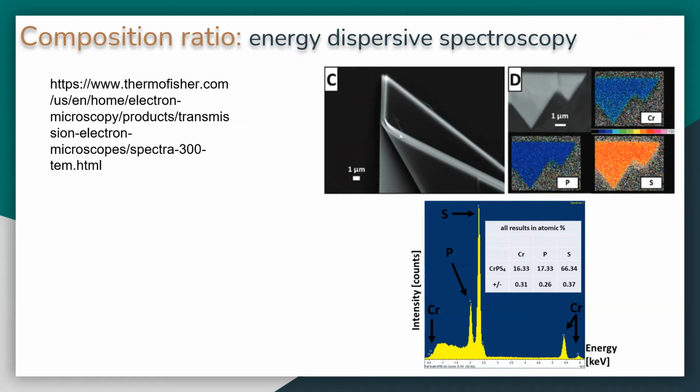So in figure C, this is an image produced from the chromium thiophosphate showing its layered nature. I think that's actually really cool that you can see each layer. The figure next to it is displaying how all of the elements are evenly distributed in the crystal sample. And underneath this is the quantitative result for the energy dispersive spectroscopy.